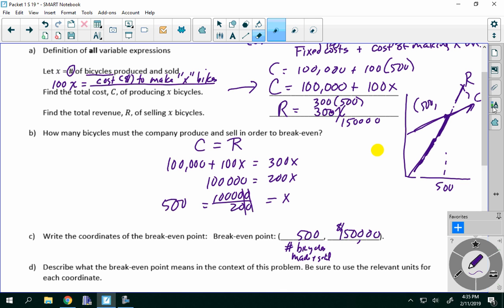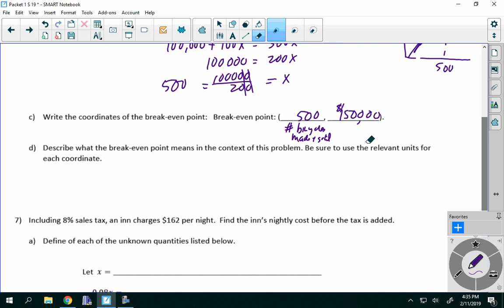Once you put in the units, you basically write your sentence by reading this from left to right. What does the break-even point mean? In my description, I have to make sure I use both of these numbers, 500 and 150,000, and the appropriate units.